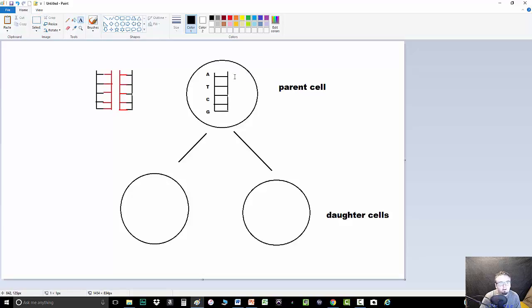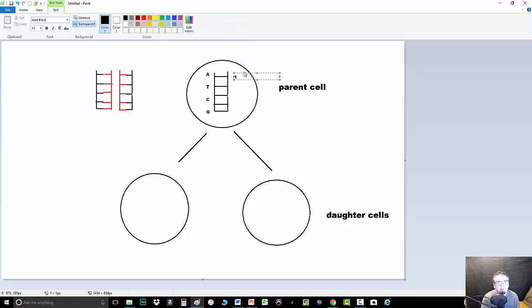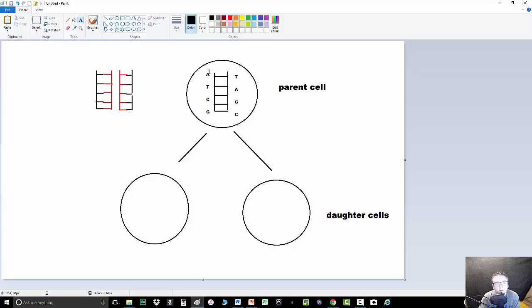You guys get the idea. I'm not lining these up perfectly. We would have a match of T, A, G, C. Sorry, that was painful, I know. But that's the idea. So there's a match there on each side.